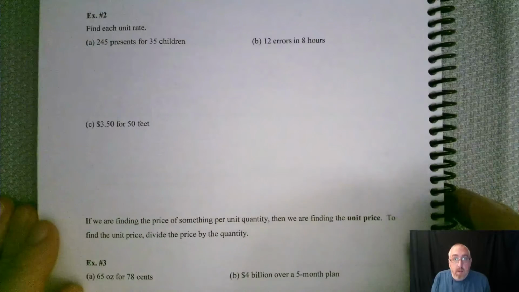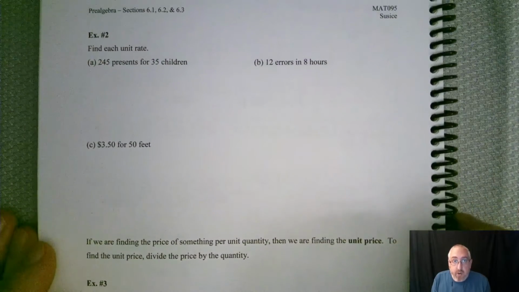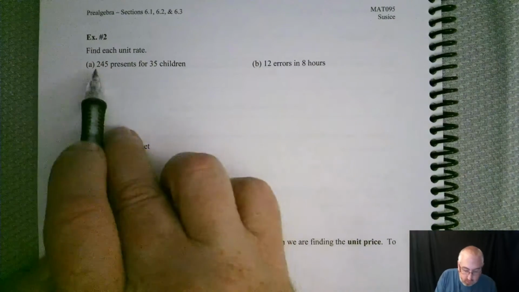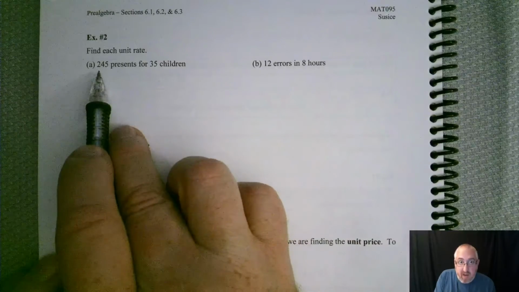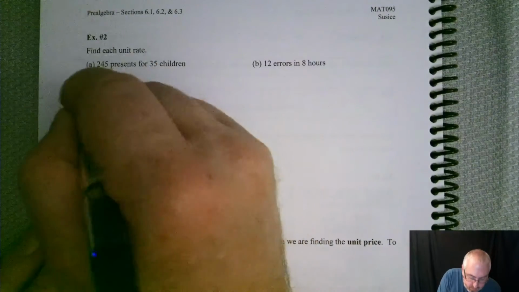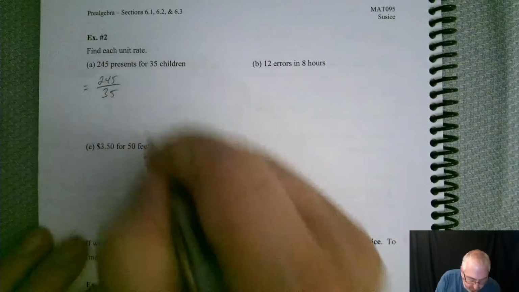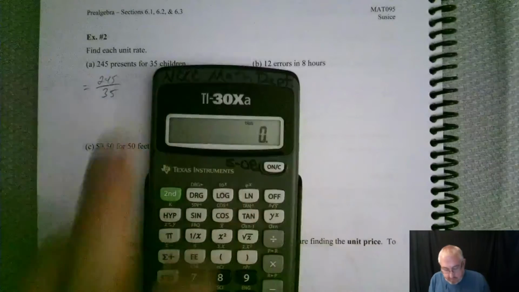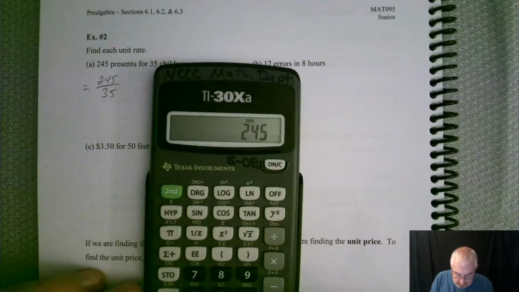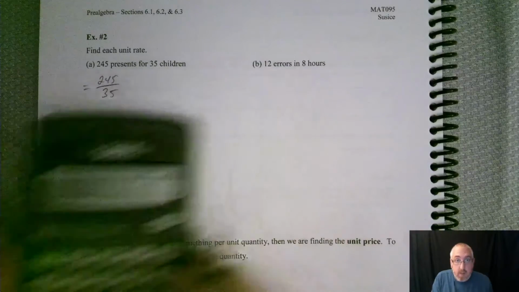So they want you to find each unit rate. All we have to do is divide this on the calculator. We just want 245 divided by 35. Let's see what that is. 245 divided by 35 equals 7.